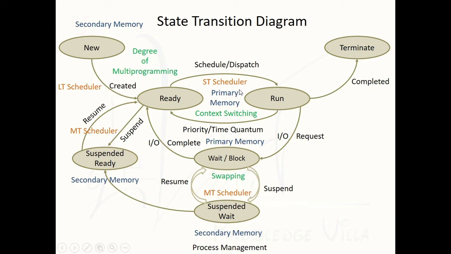The short term scheduler decided which process is going to be scheduled and which process will get the CPU. Then the short term scheduler calls the dispatcher, and the dispatcher brings the CPU for that process. So we can say that the short term scheduler is scheduling the CPU. So finally, the answer to the question of who is scheduling the CPU is the short term scheduler.